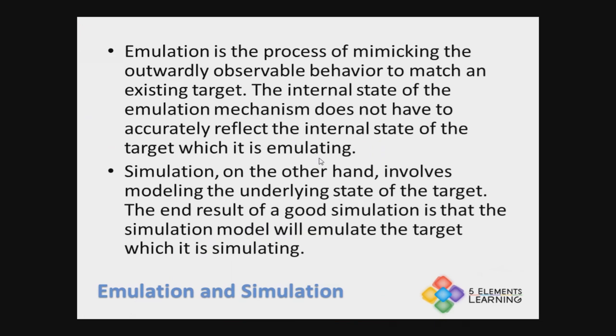Now let us talk about the two types of processes which we may try, emulation and simulation. Emulation, or when we are creating an emulator like we did yesterday, it is the process of mimicking the outwardly observable behavior to match an existing target.